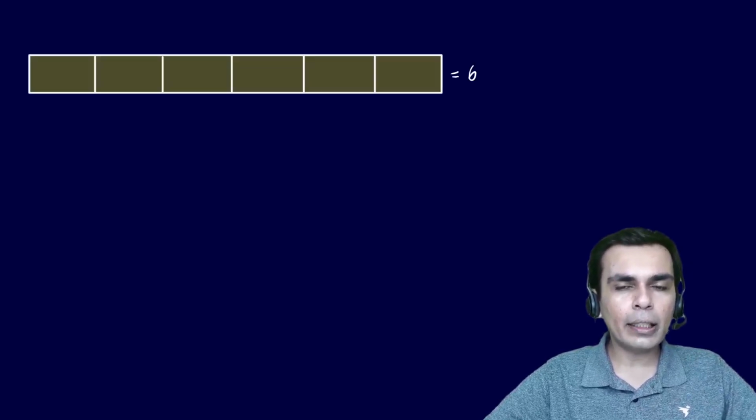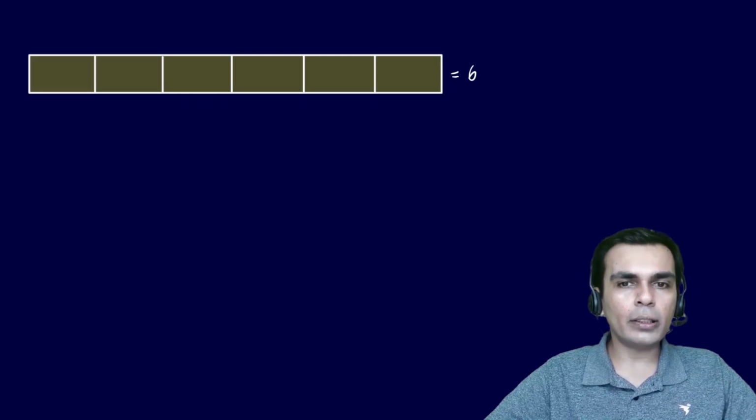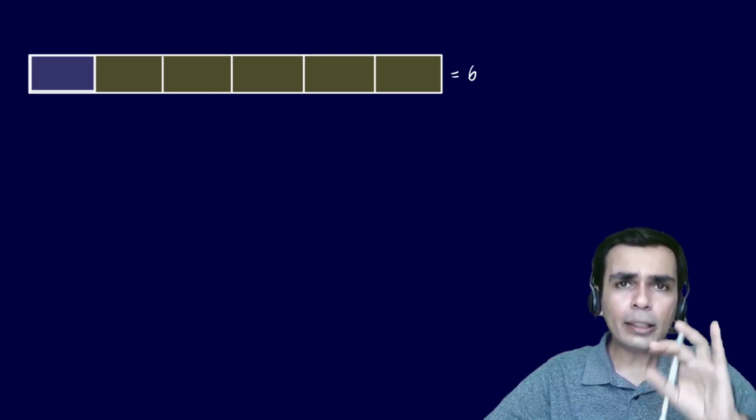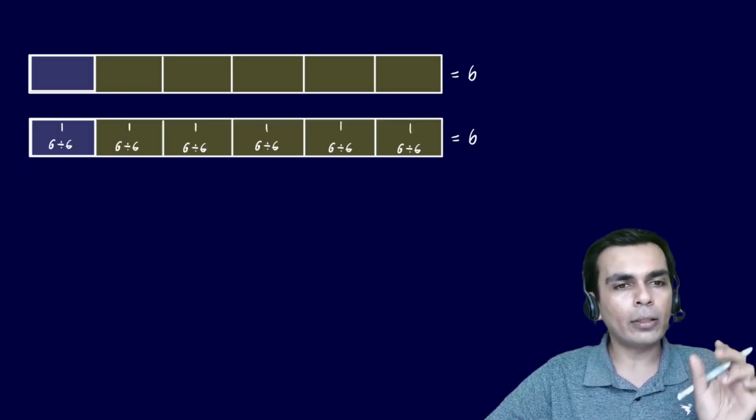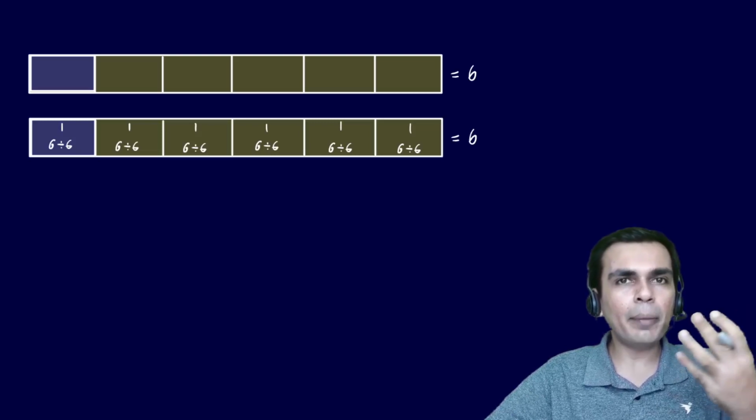So similarly, 1/6 of the people traveled by the bus, and we need to find out how many traveled out of 100. So let's say I had 6 of these divisions, and the total of this is 6 kgs, and we need to find one of that. Then I would do 6 parts divided by 6, and then I'll know how many kgs is one part. So here 6 divided by 6 is 1.